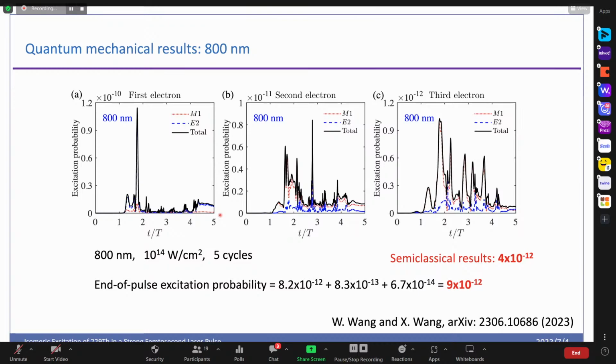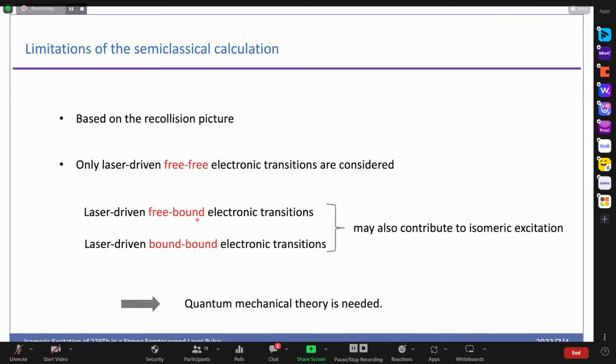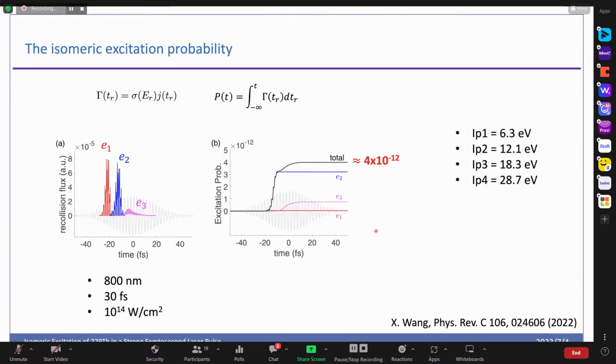Yeah, thank you. In the quantum theory, we have 5 cycles because the computation is very big. In the semi-classical calculation, we actually checked what happens if we use a much shorter later pulse.